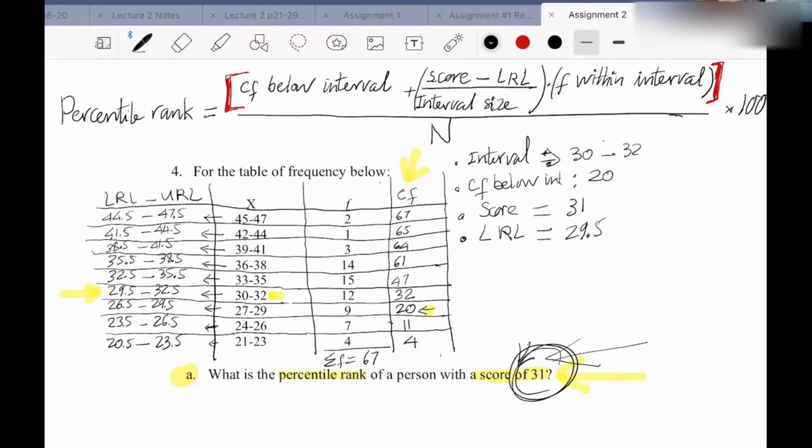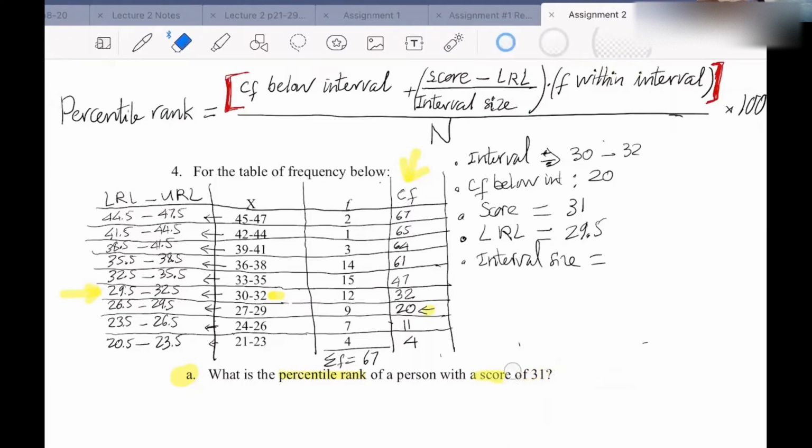All right, next, we need to determine the interval size. What is the interval size in this case, everyone? Can you type in the chat for me? What is the interval size of the interval from 30 to 32?